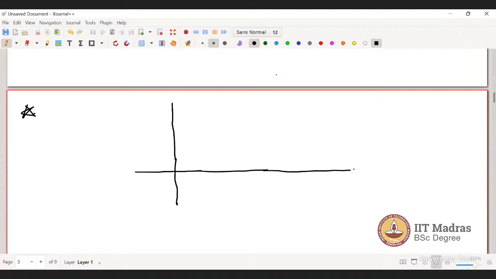So this is the graph, right? This is a point P. This is Q, R, S, T. As you can see, at this point the function doesn't have any tangent, because there is some kind of steepness, right?